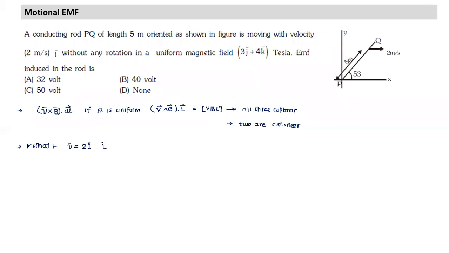Magnitude is 5, so this L vector can be resolved and written in unit vector form. It becomes equal to 5 cos 53 i cap plus 5 sin 53 j cap. So all three are in unit vector form, and I can find the triple product. First we can find V cross B, and then we can find the rest.